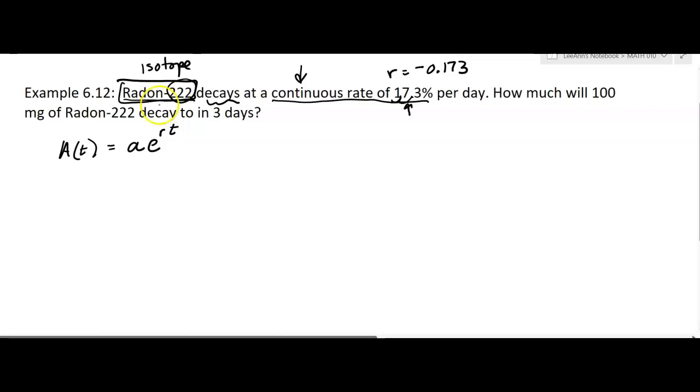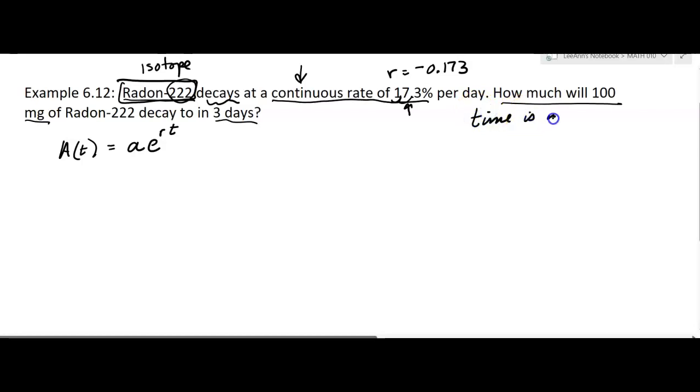Okay, so it says that this radon-222 decays at a continuous rate of 17.3% per day. How much will 100 milligrams of radon-222 decay to in 3 days? So we're going to do it over days. Our time is in days.